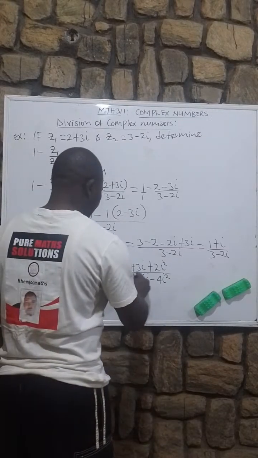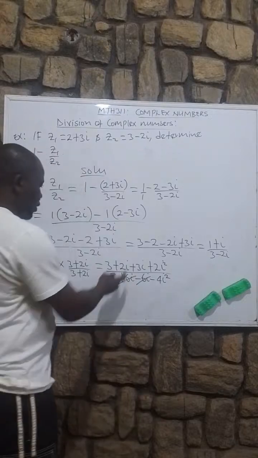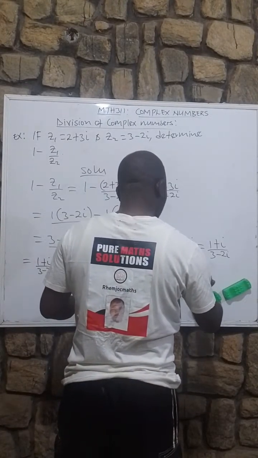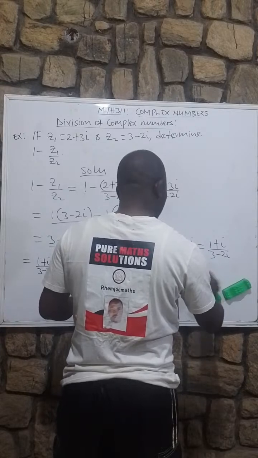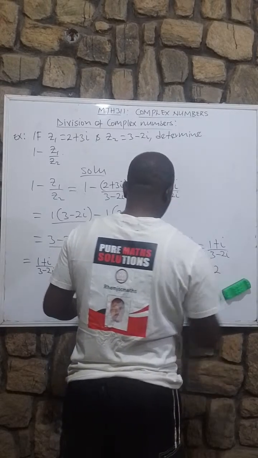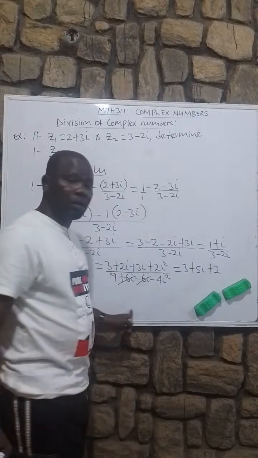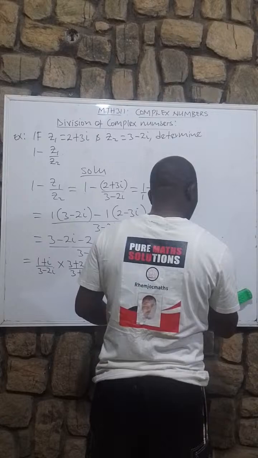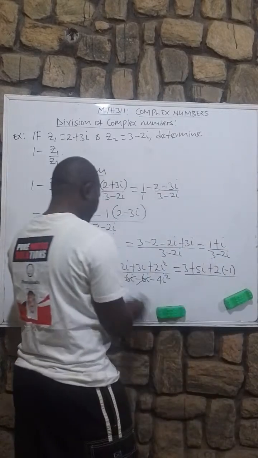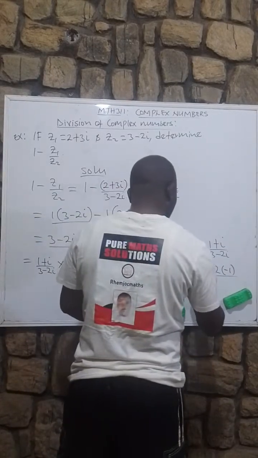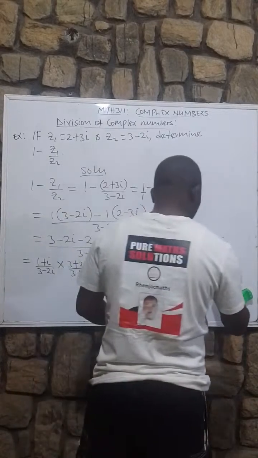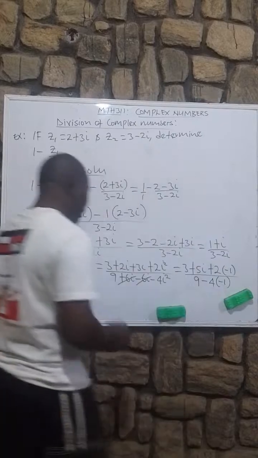So denominator, this and this will go. We had this to give us 3 plus 5i, then plus 2. Note that i squared is always minus what? 1. So minus 1 all over 9 minus 4. i squared is always minus 1. Okay?